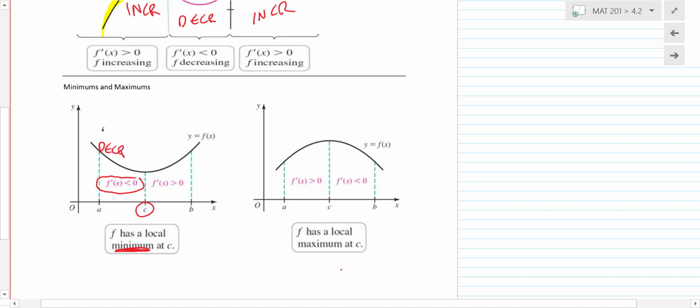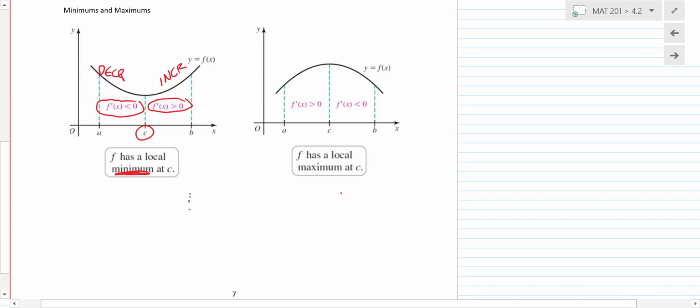So that means you would have a bunch of negative numbers. Then the derivative is going to change signs to become positive, so it's going to be increasing. So if you did a sign chart on this, you would basically have a critical point at C, and the result of the sign chart would just go negatives there and positives there.